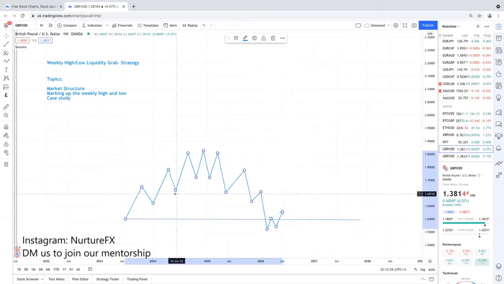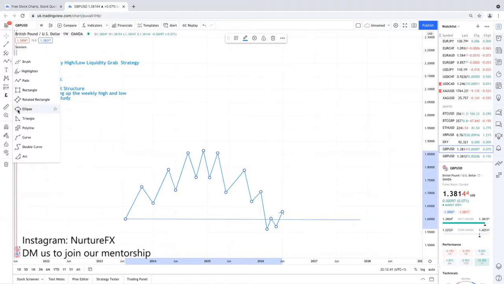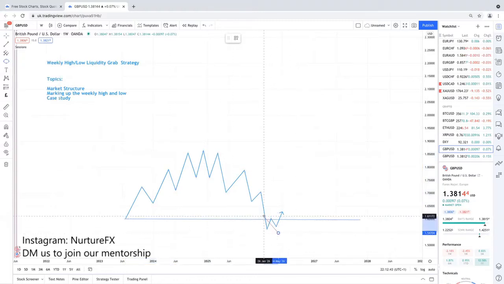Now, if you're looking at the trade from a 1 hour perspective, so each candle is 1 hour, for example, you're not going to get enough detail to be able to enter.